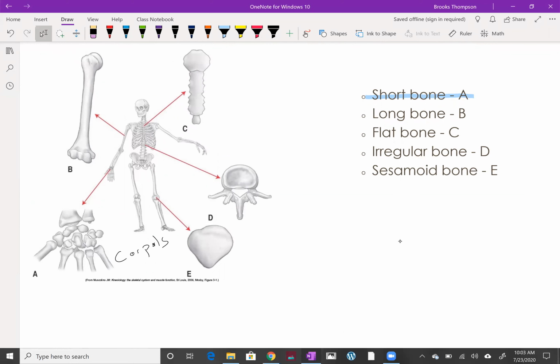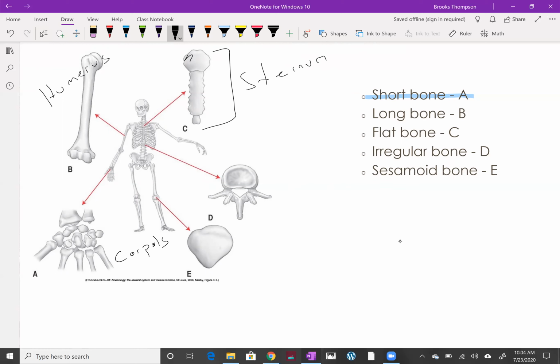Then you have long bones, so like the humerus, or the femur, the radius, the ulna, the tibia, the fibula, all would be examples of long bones. Clavicle. Then we have our sternum. It's going to be your flat bones, so the whole sternum.